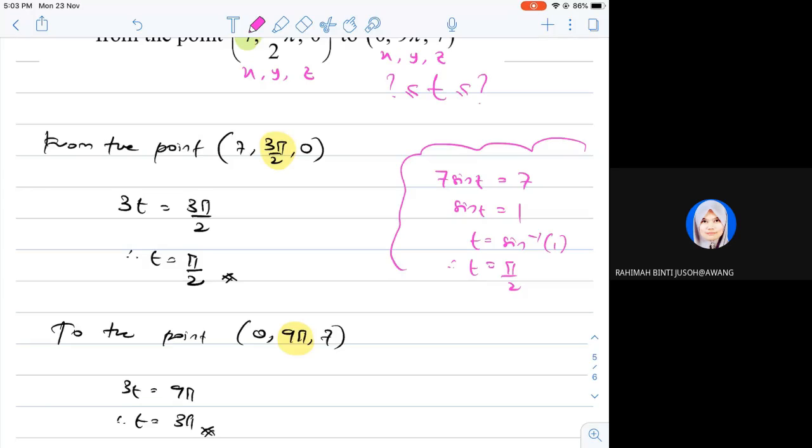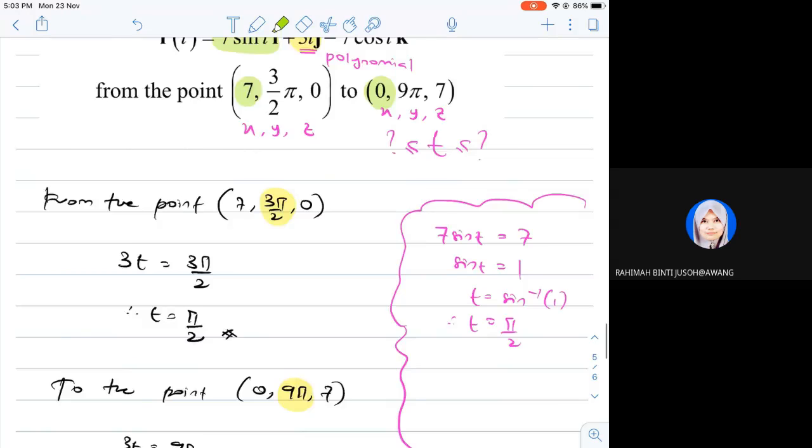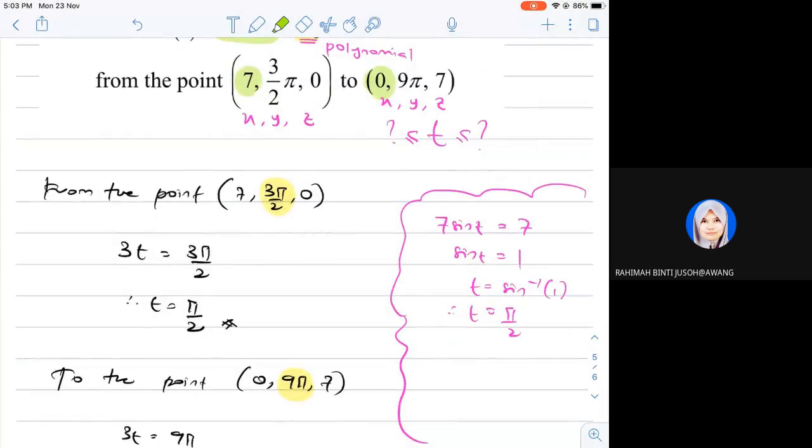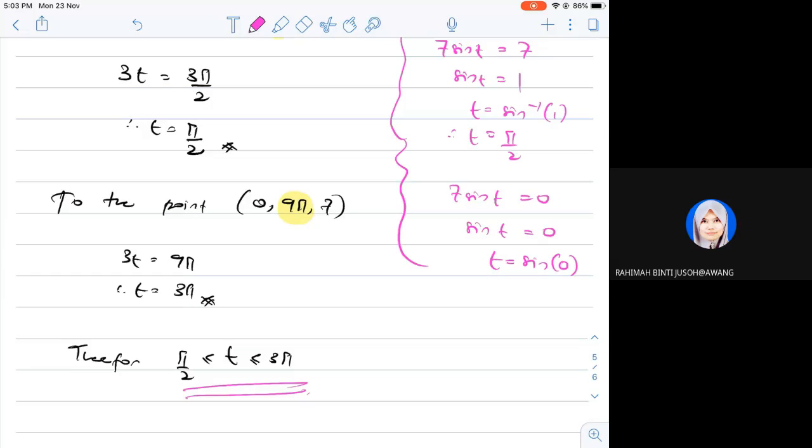And then let's say we take 0: 7 sine t equals 0. So sine t equals 0, of course, and then t equals arcsine 0.